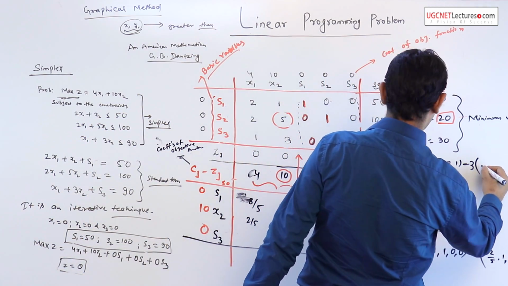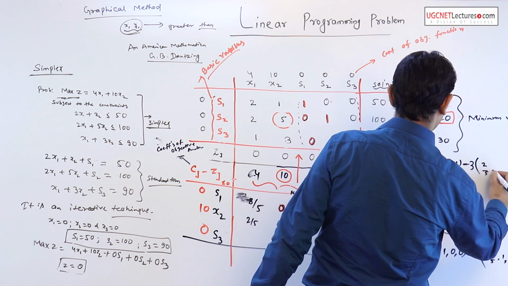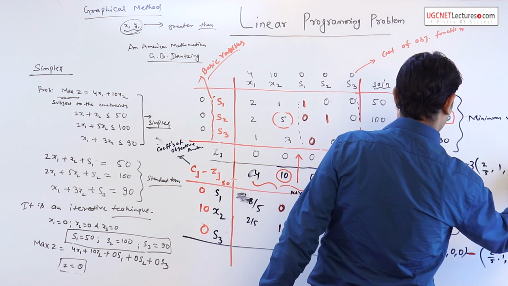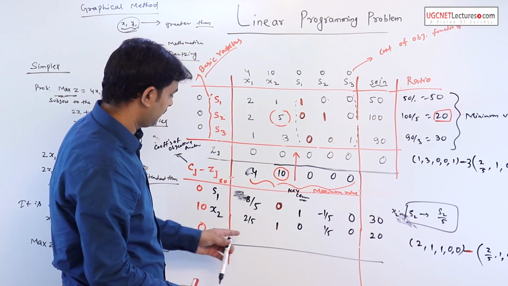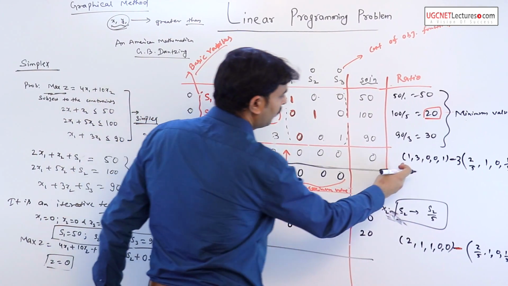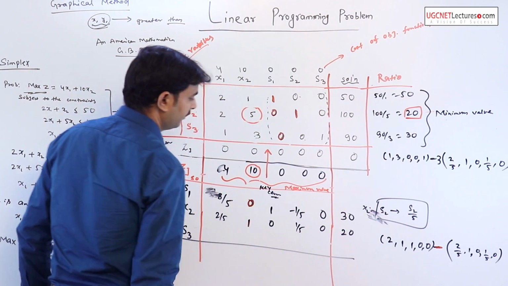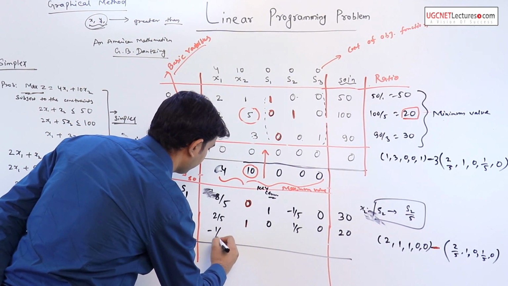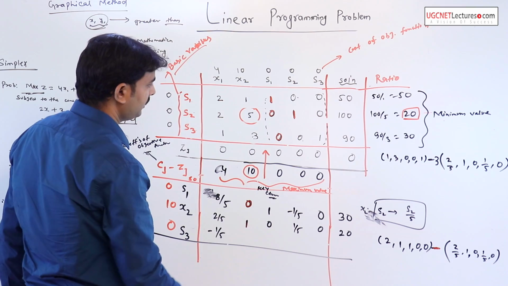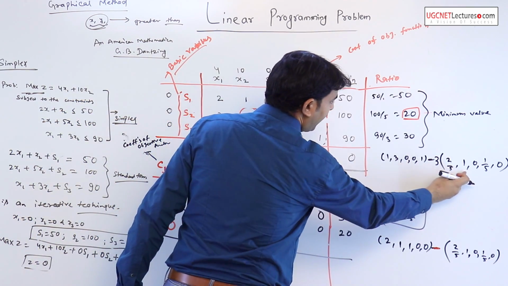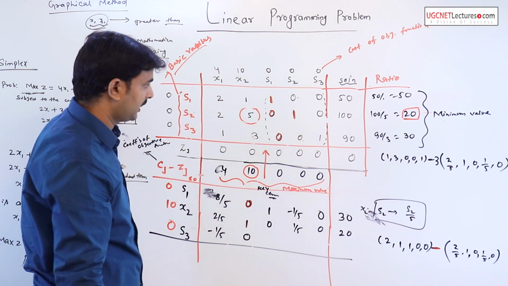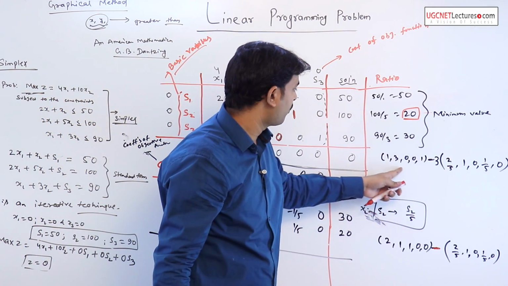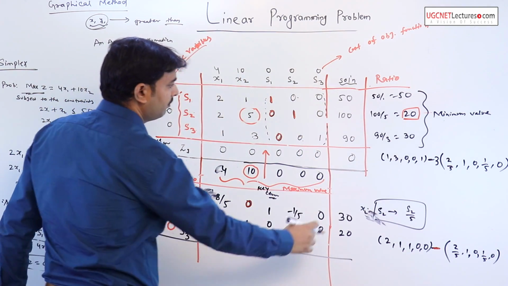So thrice 2 by 5, 1, 0, 1 by 5, comma 0. So what will happen? 1 minus 6 by 5 is minus 1 by 5. 3 minus 3 is 0. This is our aim. That's why we are changing the row operation in that form.